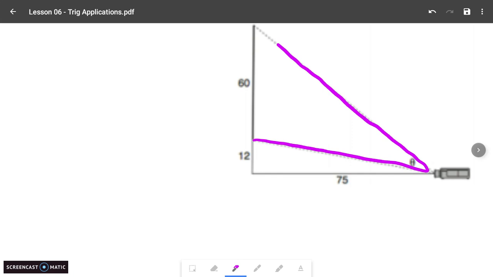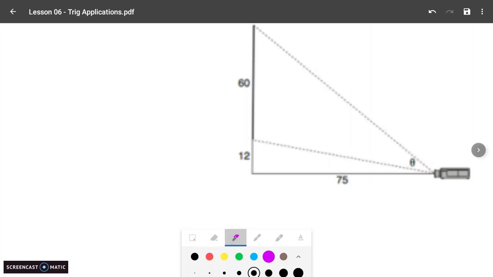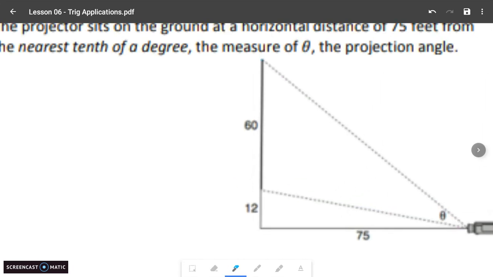So notice the projection angle here is kind of given. It's not in itself in a right triangle. And we know we need trig to be a right triangle for us to make this work right now. So because this doesn't necessarily fit so nicely, instead what I want us to look at is the right triangles that are present. So first we have the right triangle that is the whole picture here, and we could find this whole angle.